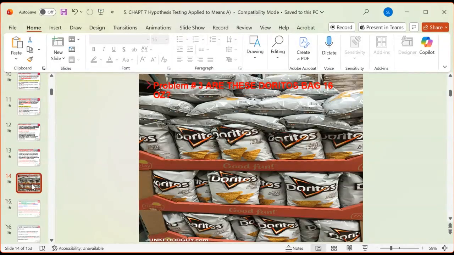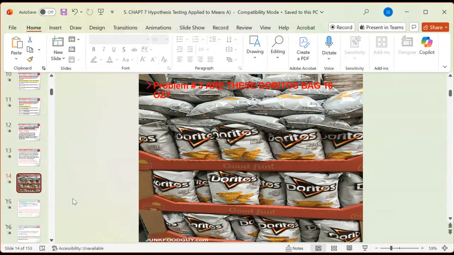You state your hypothesis, and then same thing, you follow that. M is the symbol for your mean, the average weight of the Doritos, and mu will be the 16 here, 16 ounces, the number that you need.